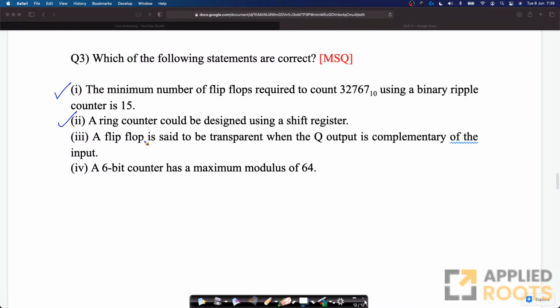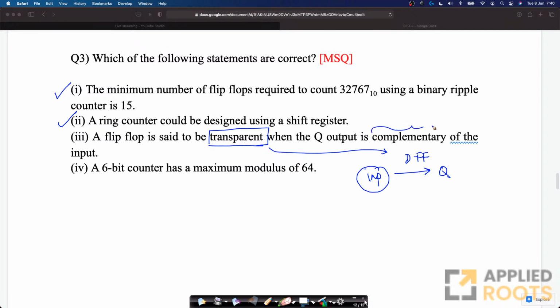The third one: a flip-flop is said to be transparent if the Q output is complementary of the input. No. If your output Q is the same as your input, then it is said to be transparent. Like your D flip-flop, which is basically a delay flip-flop. Whatever you input, you get as output. So the D flip-flop is said to be transparent, not the toggle flip-flop.